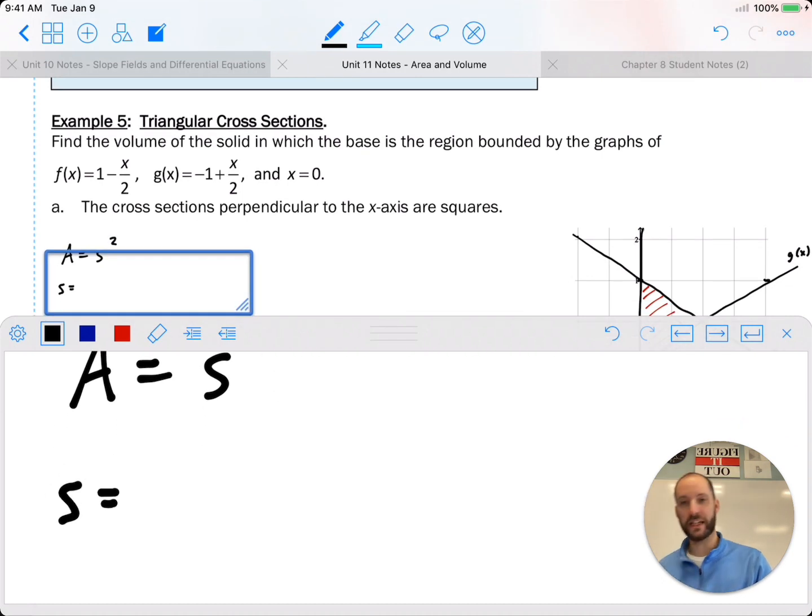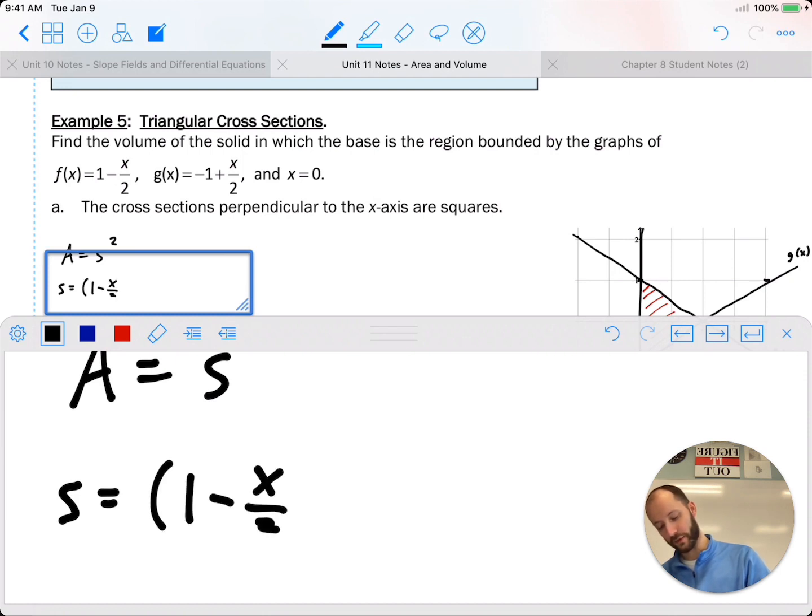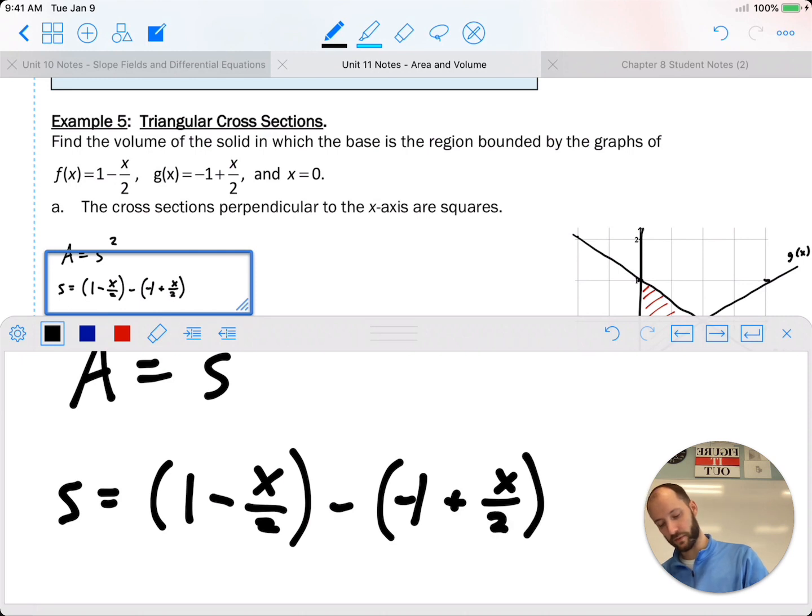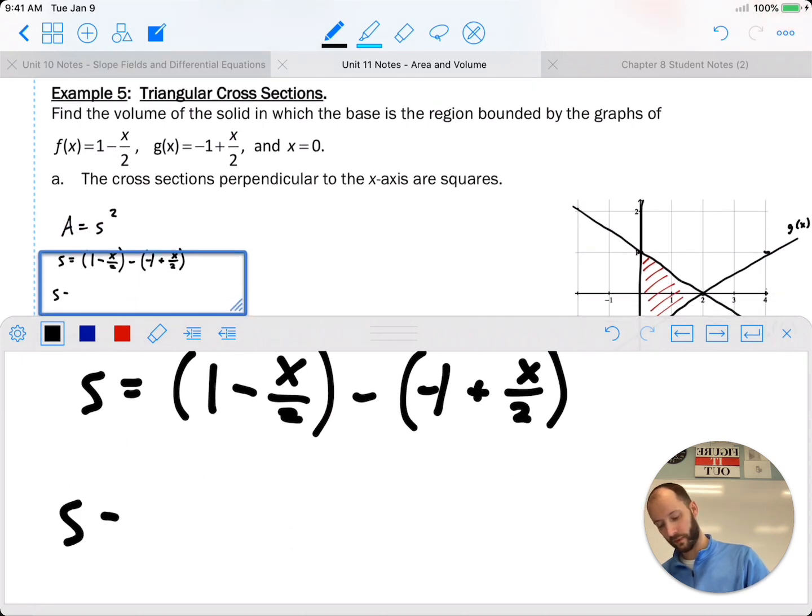Our side is the height of a representative rectangle that is perpendicular to the x-axis. So top, 1 minus x over 2, minus bottom, negative 1 plus x over 2. Combine like terms: 1 minus negative 1 is 2, negative x over 2 minus x over 2 is minus x.